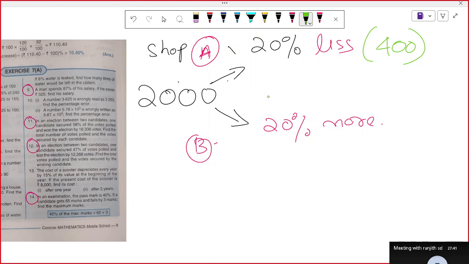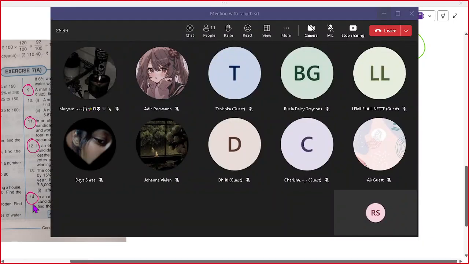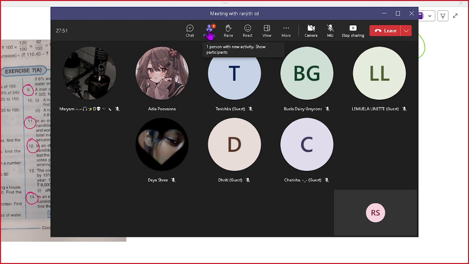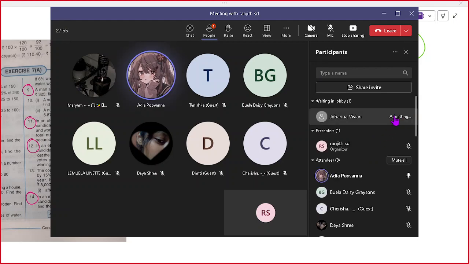So for A, is it 1600? Correct. Is it 400 plus? No, 2000 minus 400, Adya. The actual cost is 2000, and how much do you have to pay less? 400 less. So just subtract it from 2000. Yes, sir, 1600.